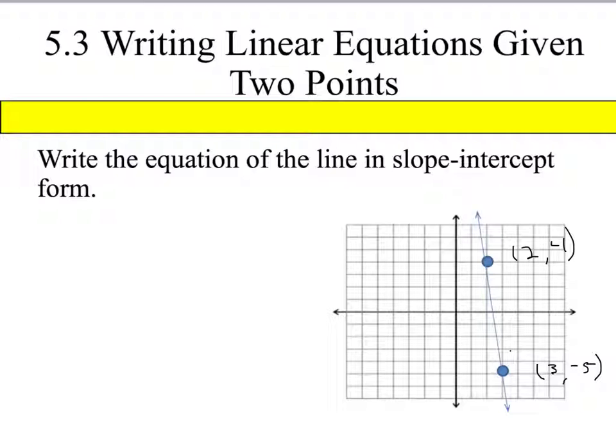So we could do that again. We could take our y2 minus y1 over x2 minus x1. We can do that, and we would get 4 minus a negative 5 over 2 minus 3. So you would now get 9 over a negative 1.